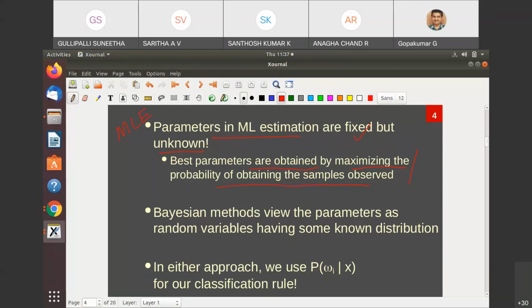But when you consider the Bayesian method, the parameters are considered as random variables, and they have some known distribution. So in Bayesian estimation, we are essentially calculating a probability distribution, but in the MLE method, we are finding the optimum or best value. That is a difference. In the Bayesian method, we are trying to find a random variable and its distribution.